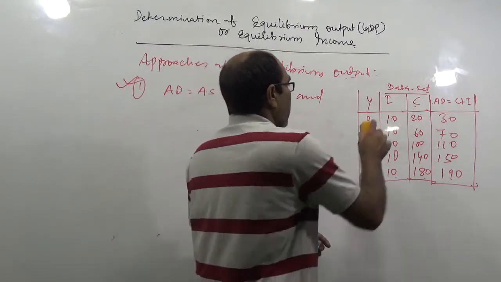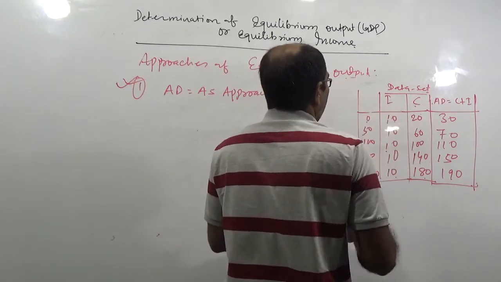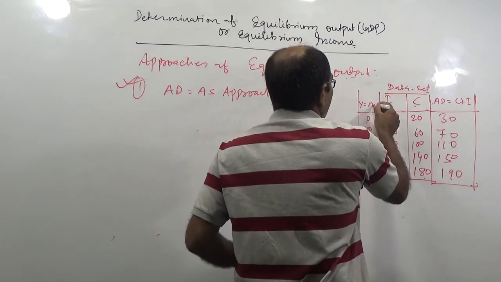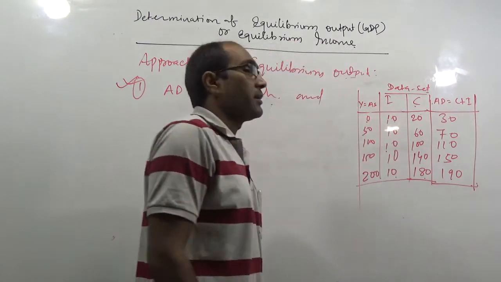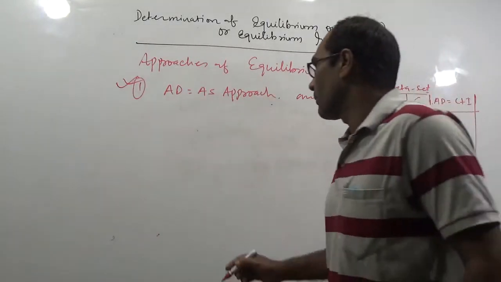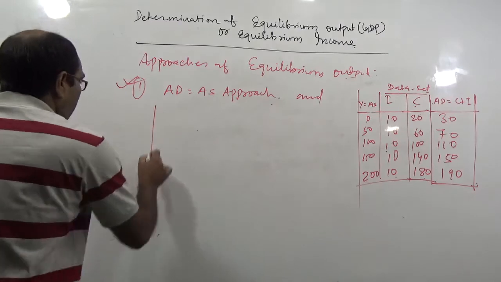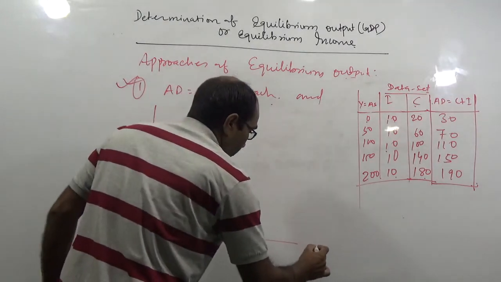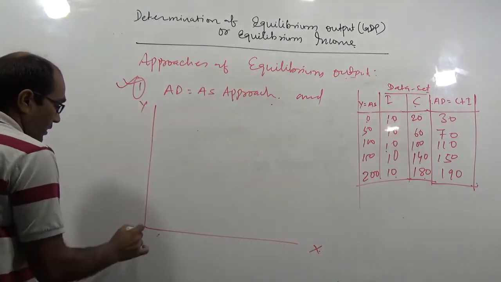Here Y equals AS because both are equal at each and every point. So draw a diagram with X and Y axis.